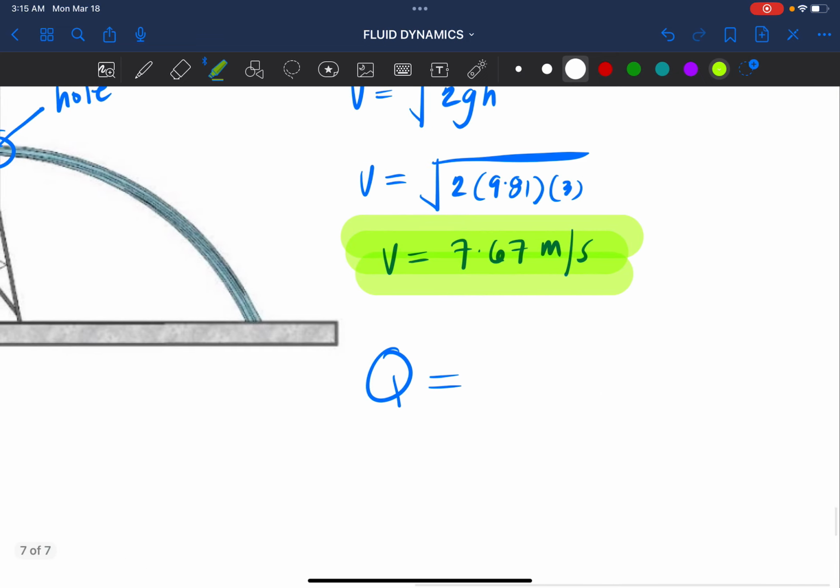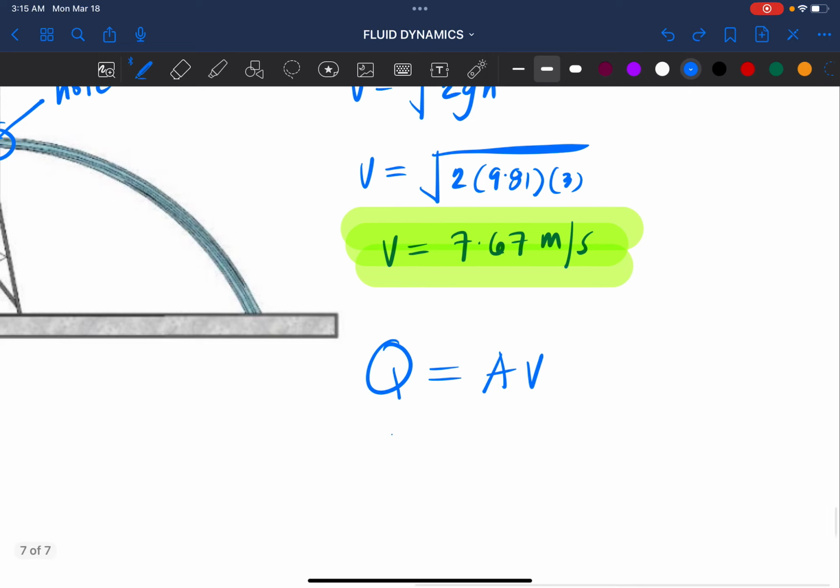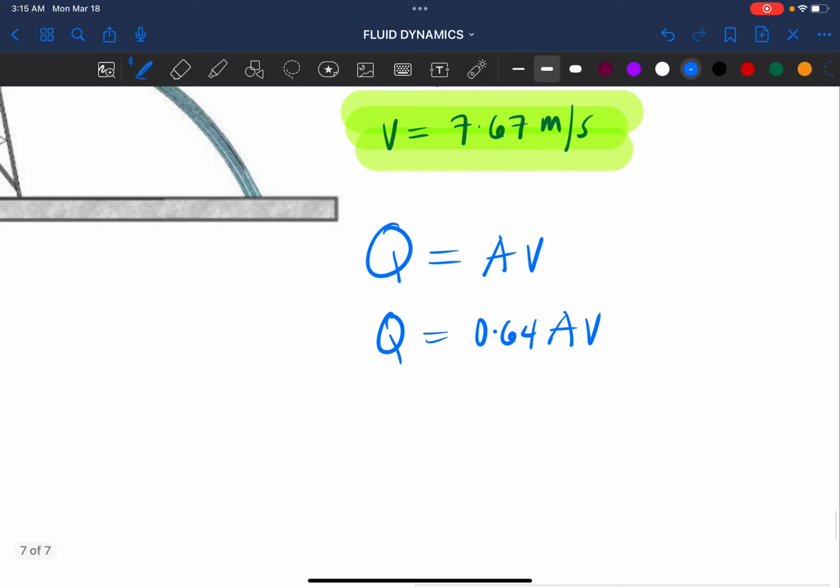So, kung meron tayong given area, ang formula discharge natin is Q is equal to AV. Eh, meron na tayo V, di ba? So, input na natin yan mamaya. Pero, meron tayong condition na 64% lang gagamitin natin. And tandaan nyo class, kapag 64, that is 0.64 AV. Okay? Pero meron tayong given area that is equal to 8 cm squared.